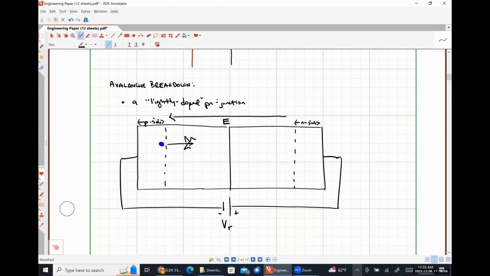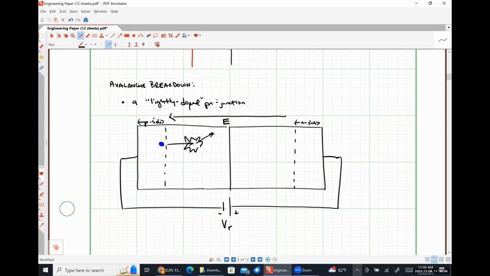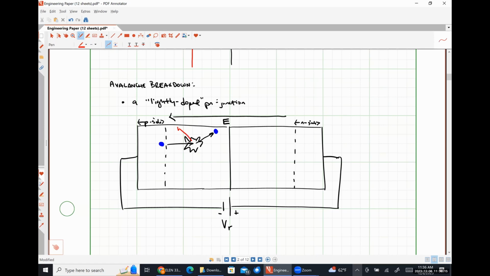And then we're going to see almost like an explosion where it knocks a subsequent electron out. But that's also going to create a hole.